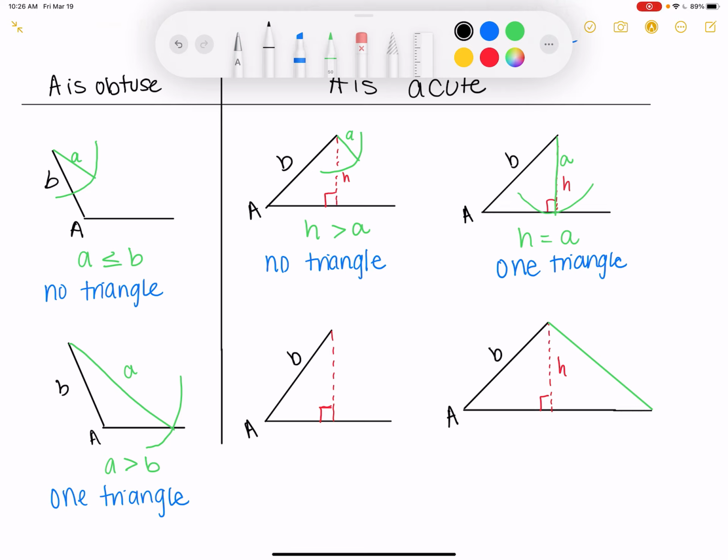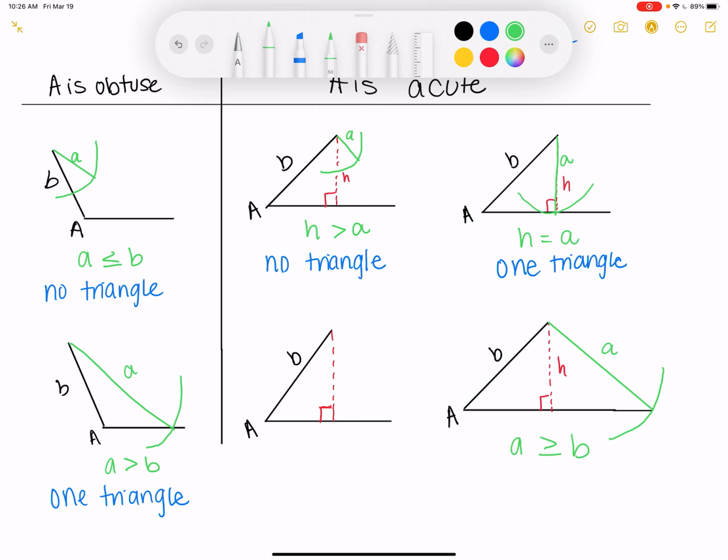It's close enough. Okay, so now this is side A. If we swing it around, it only hits once. In this case, A is going to be greater than B, or greater than or equal to B. So it could be equal.